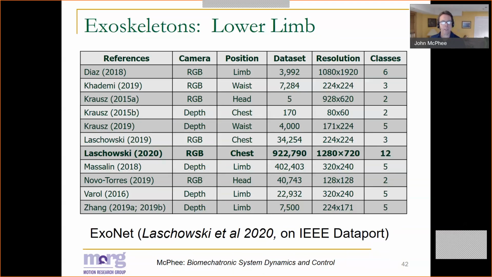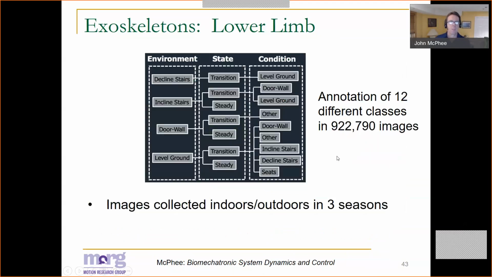Very recently, we've trained a new CNN on this new data set, which allows for 12 different classes. So for example, we might have a transition from going downstairs to level ground. We might have steady walking on level ground, or a transition from level ground to going upstairs.